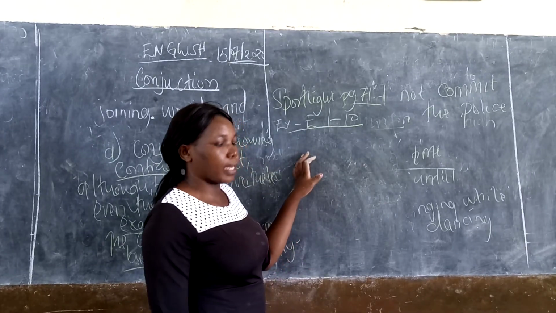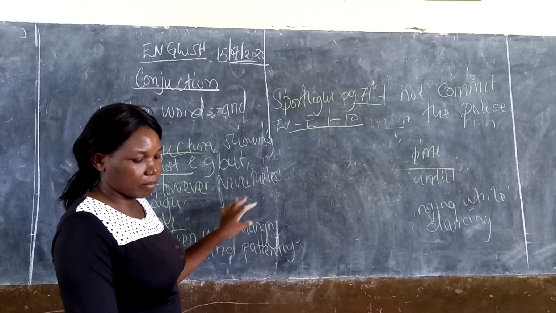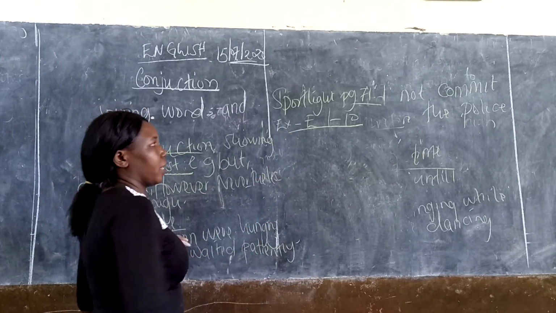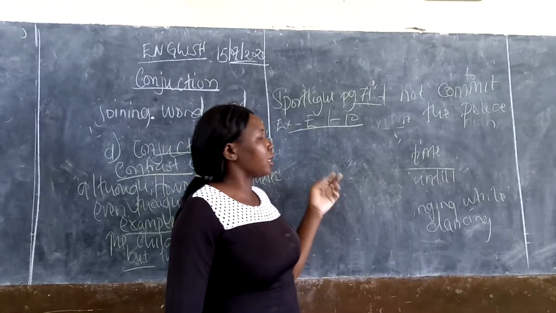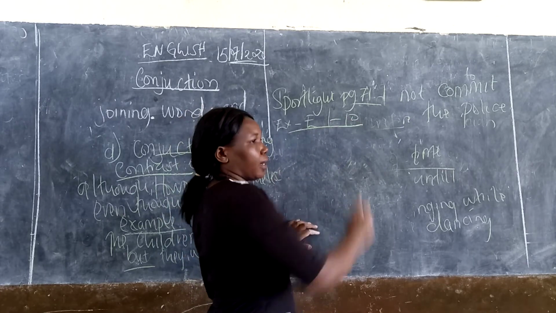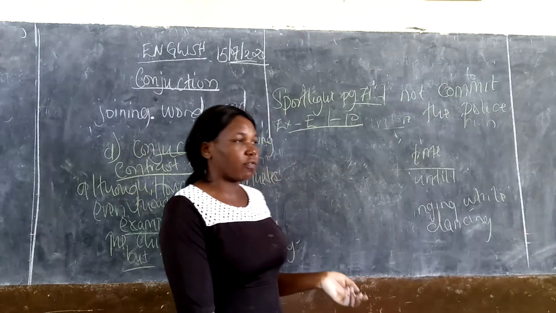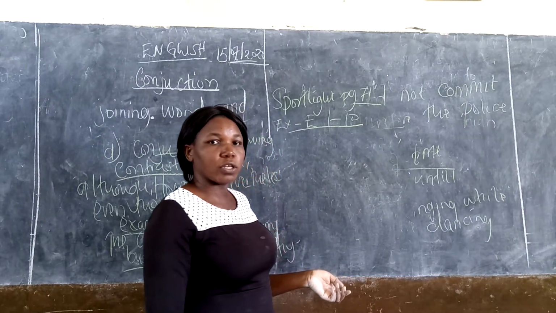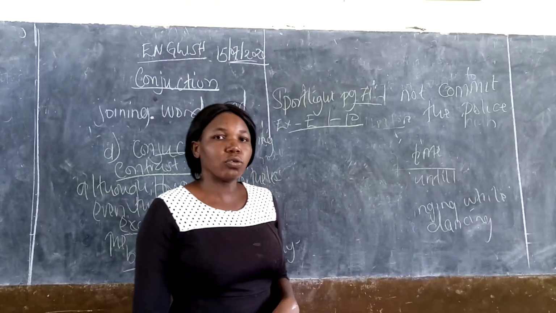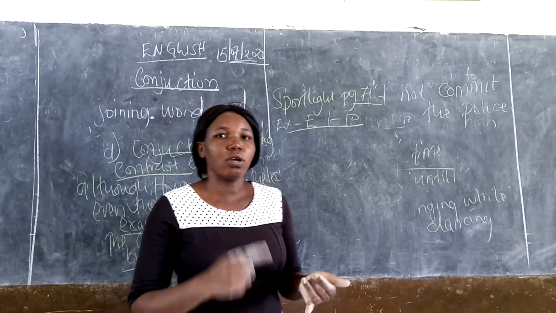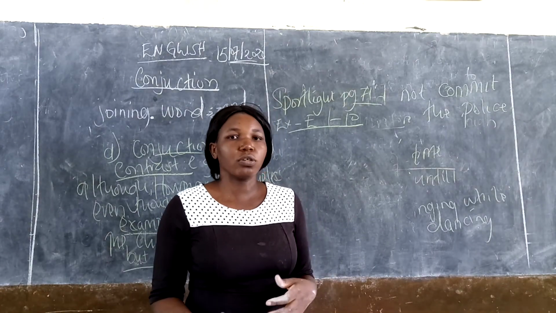Underline the conjunction in the sentence. If you don't have the book, I will send you the exercise. So make sure you see Spotlight. Even if I say it's number 1 to 10, try in your own time to do the revision. It is from number 1 to 15, so you can still finish number 1 to 15. This is just an exercise on conjunction. Make sure you differentiate all these conjunctions: time, contrast, reason, addition. They talk different opinion.